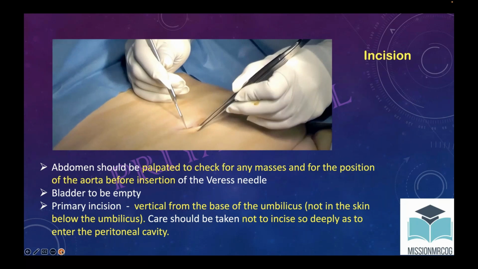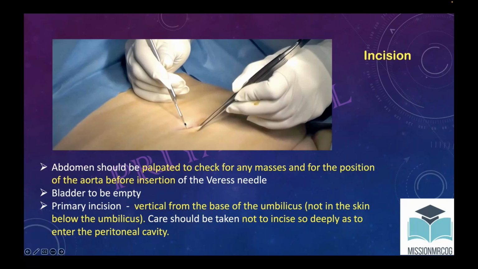Then you have to speak about the incision, if they have given a prop for it. It is a vertical incision from the base of the umbilicus, not the skin below the umbilicus. So at the base of the umbilicus, it has to be a vertical incision.